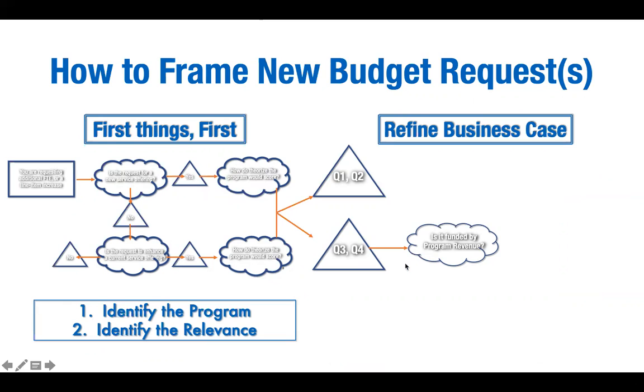So you asked me for a new FTE. It's part of a program that has less to do with results overall or our strategic plan. So does it come with a grant or is it paid for by program fees or revenue? If the answer is no to that, still not dead in the water. Can you tell me, will the additional resource or the funding increase change the way the program is provided so that it will move from a quartile 3 maybe to a quartile 2?